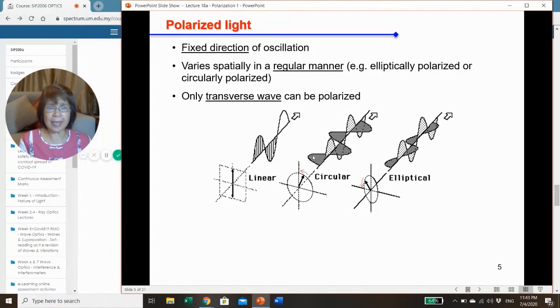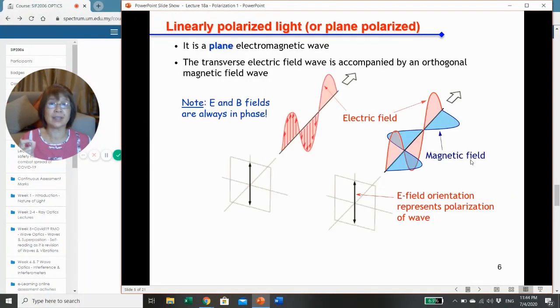You'll find that, and they're of equal amplitude, so it will then scribe out a circle. If they're of different amplitude, then you find that it will scribe out an ellipse. Now, one property which is very important is that only transverse waves can be polarized.